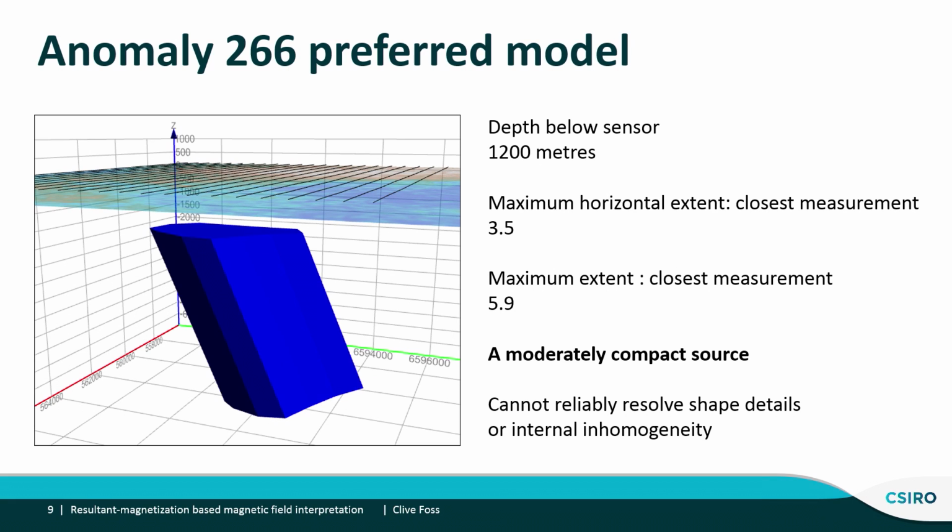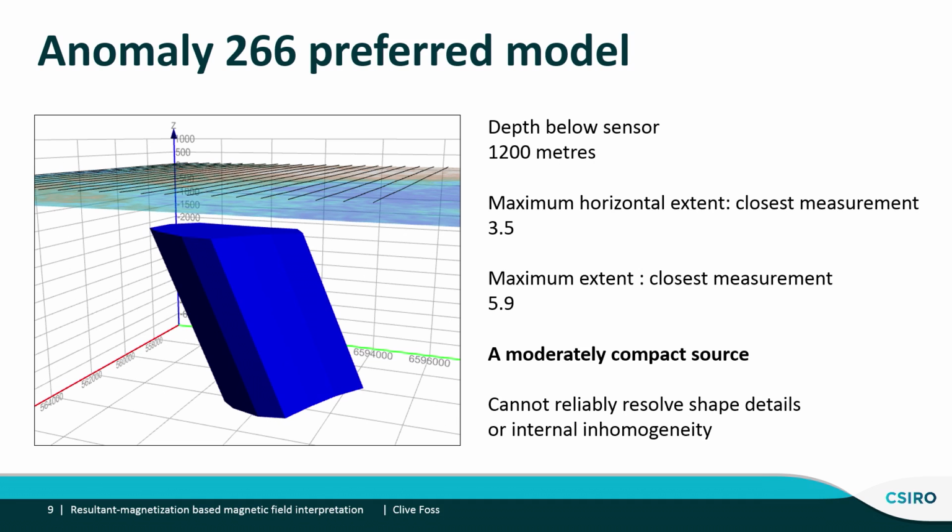So this is the model. It's preferred also in part because we've put a planar top on the top of the model, because we expect the magnetization to be terminated at a basement unconformity, which is subhorizontal. The depth of the top of the body beneath the sensor is about 1,200 meters.